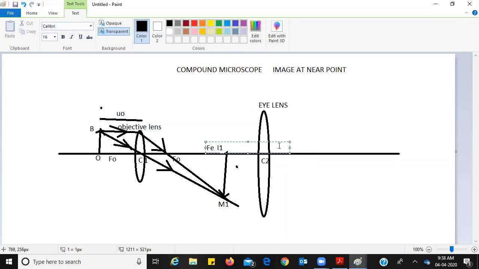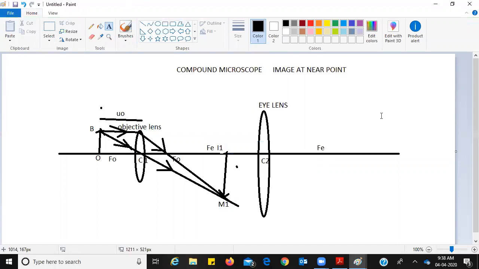If this is FE, the image is within the focus, right? The same FE on the other side also. Now you can follow the old rules again. How to get the final image?